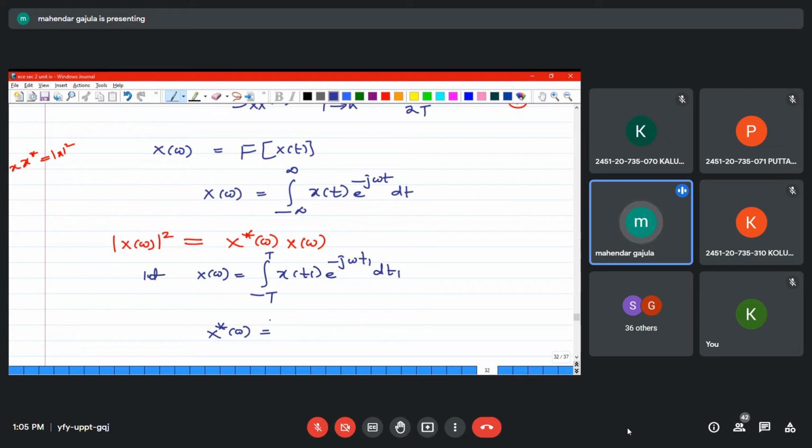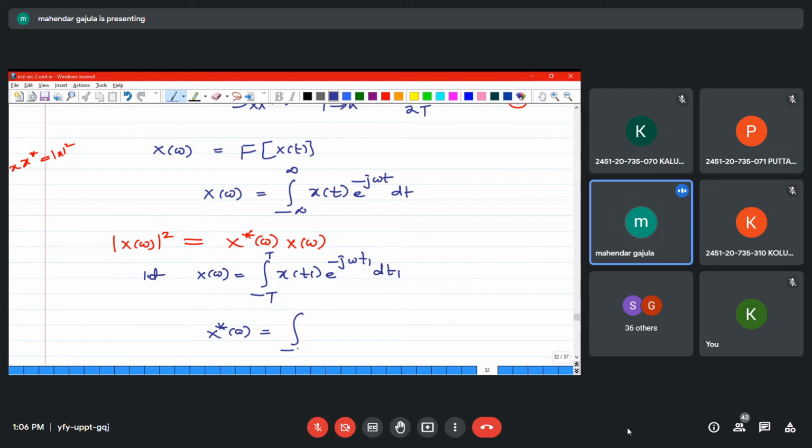You have to apply conjugate on it. Conjugation is applied on complex numbers. In X omega, xt1 is there, e power minus j omega t is there. E power minus j omega t is a complex number. It is cos theta minus j sin theta. For that you have to apply conjugate.